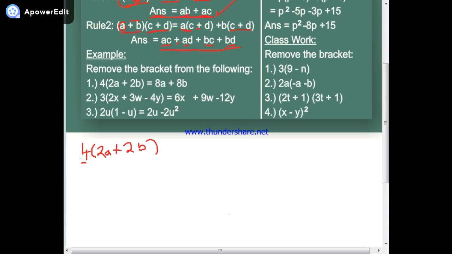So that means it will now be 4 times 2a. 4 times 2 is 8, and bring the a here. So that is 8a plus 4 times 2 again. That is this 4 again to multiply this. That is 4 times 2, that is 8.